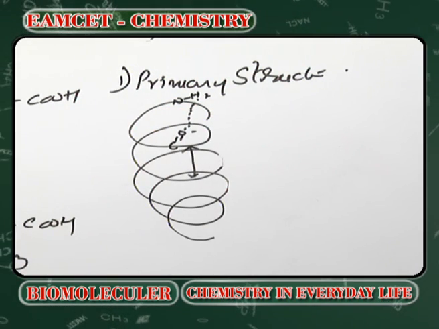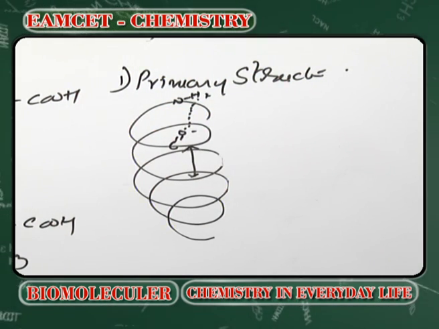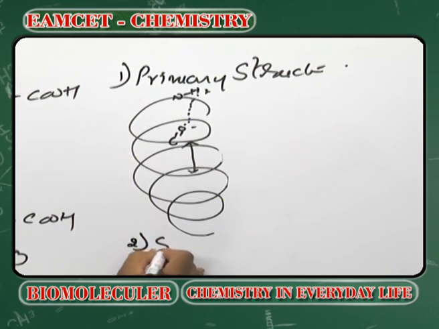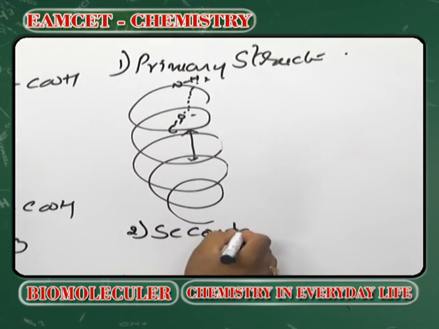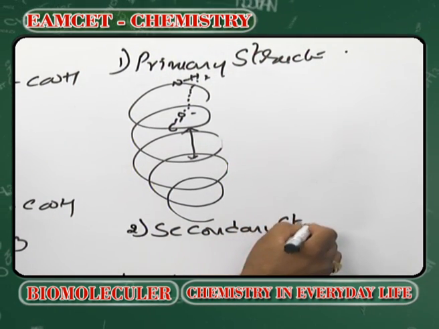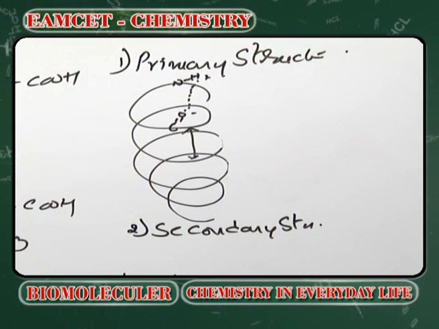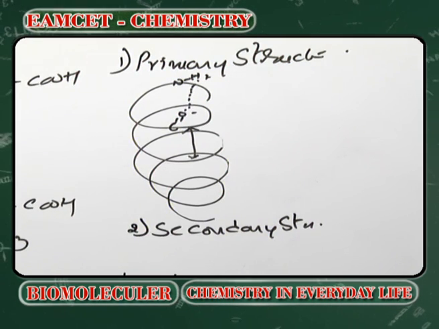So due to the hydrogen bondings, the line may undergo coiling. This coiling formation is called the secondary structure. Within the molecule some hydrogen bondings come, and the secondary structure is formed.